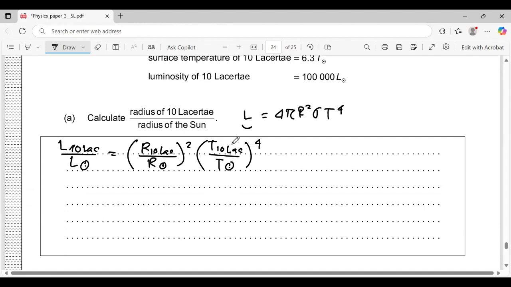Okay. So we need to find this comparison, R of 10 letter T over R of the sun.